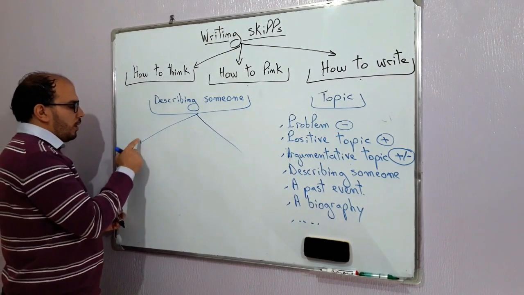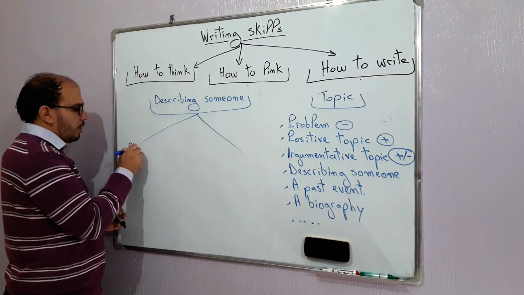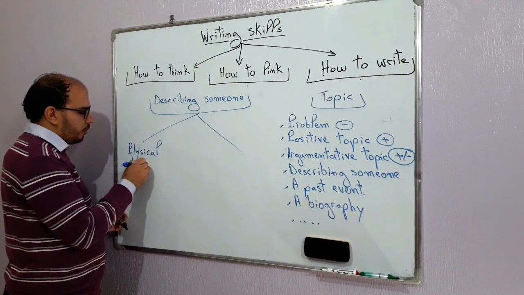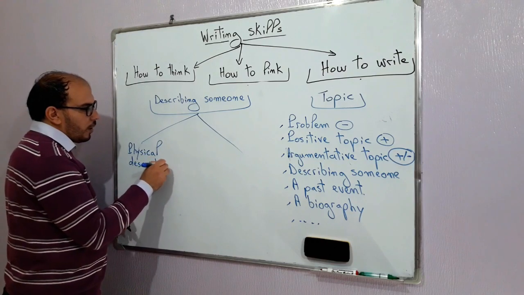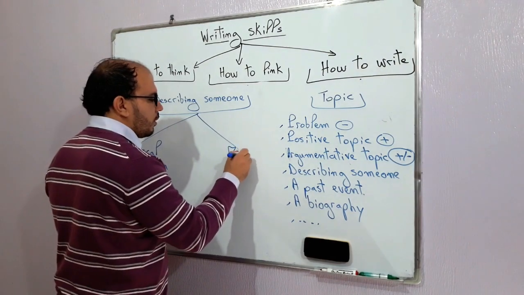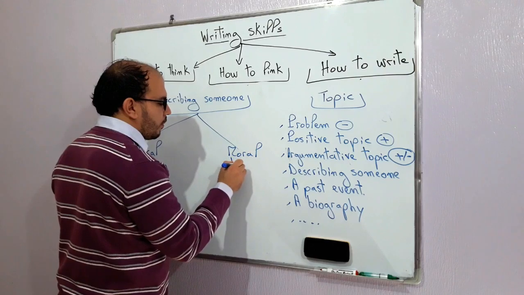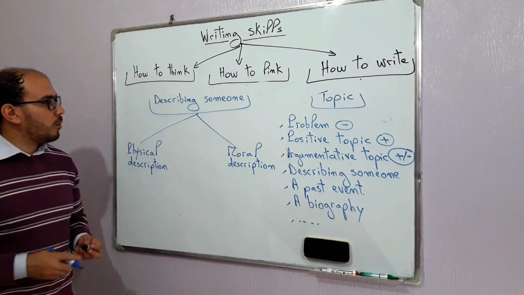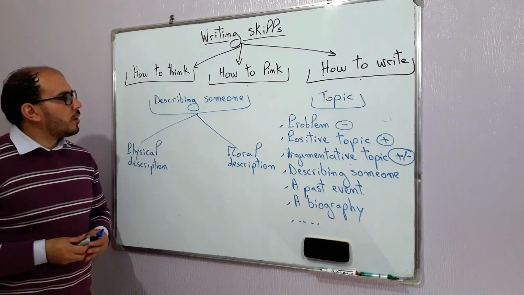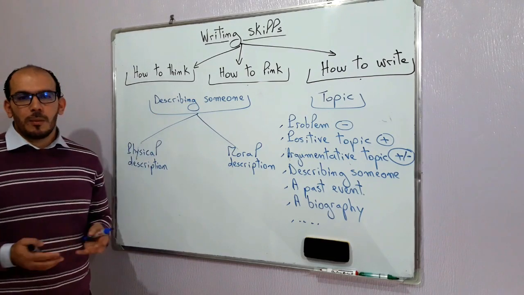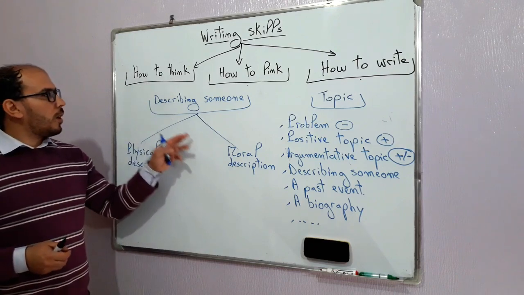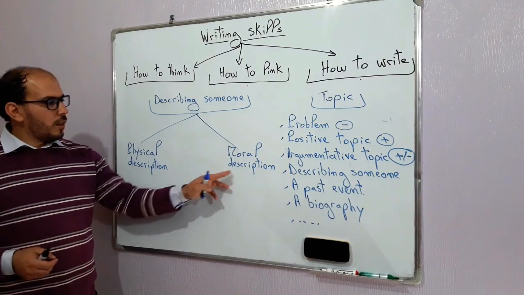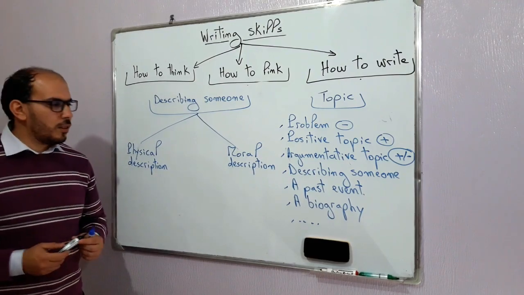The first one is physical description, and we have moral description. So when I am given a topic about describing someone, I have to mention two things: moral description and physical description.